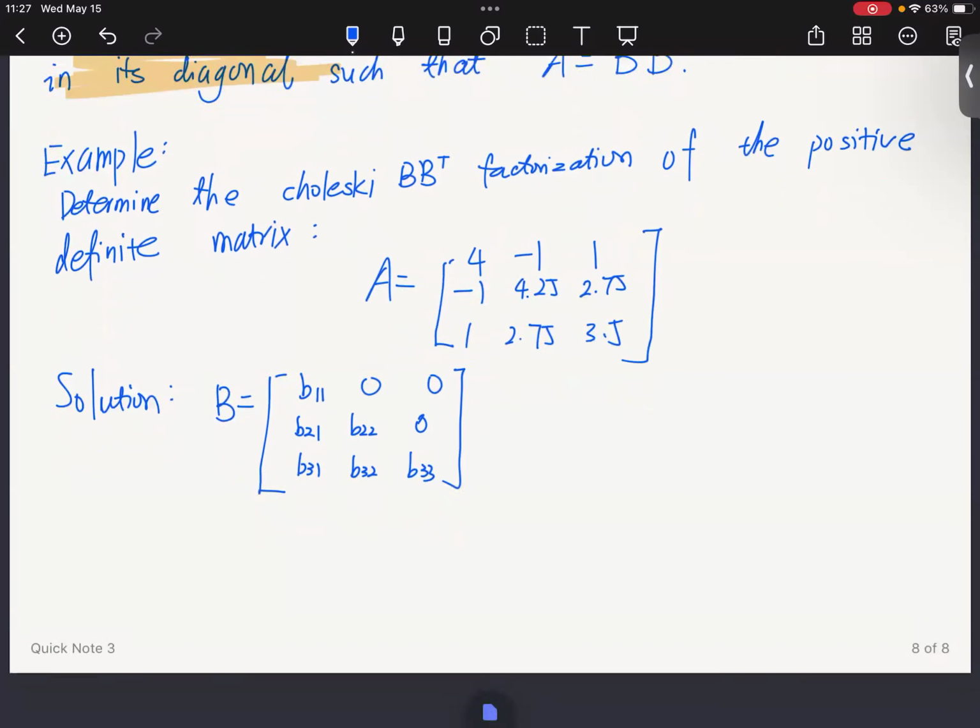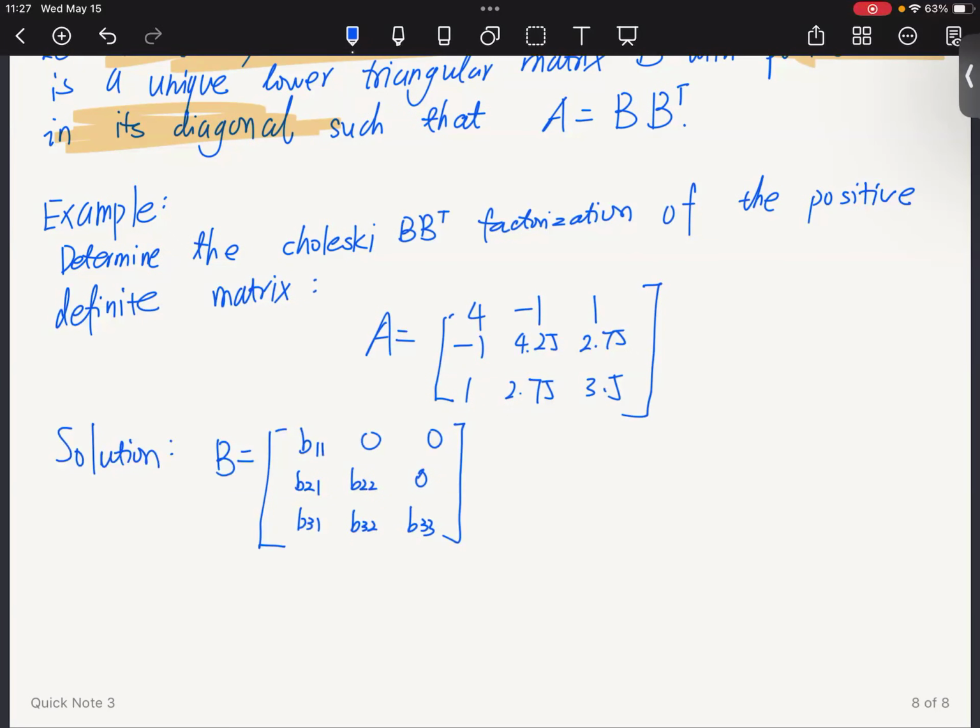And A is just equal to, okay, I'm going to put the index here: A11, A12, A13, A21, A22, A23, A31, A32, A33.